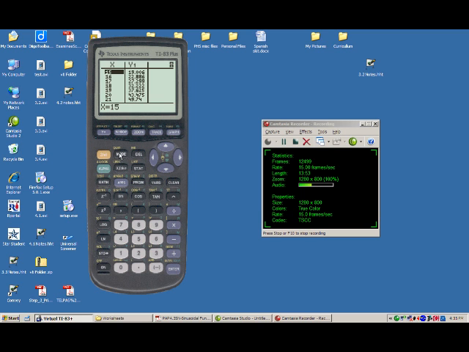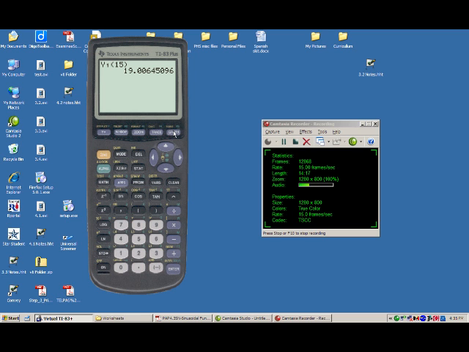One other thing you could do is you could hit vars, yvars, function. It'll bring up y1 and you can use function notation. What this will do is your calculator will automatically type 15 in for x into the y1 function. And that's how you can come up with it. This can help you if your value is off of your graph or really far away on the table.